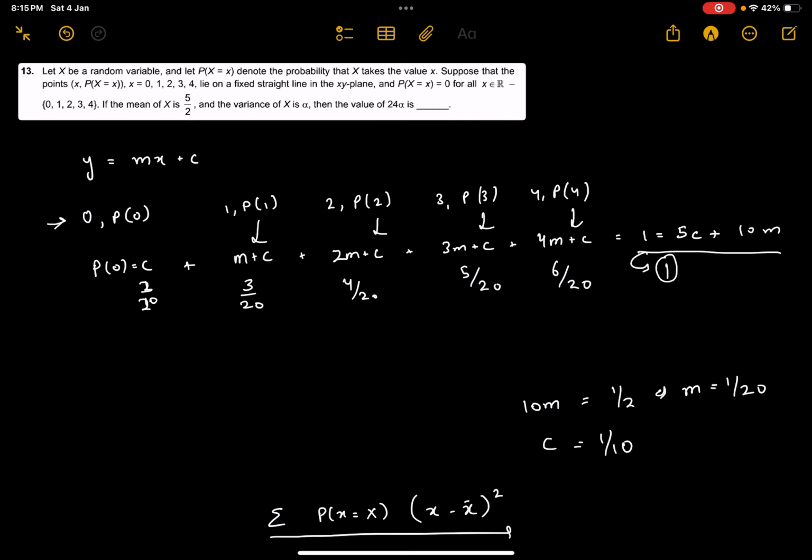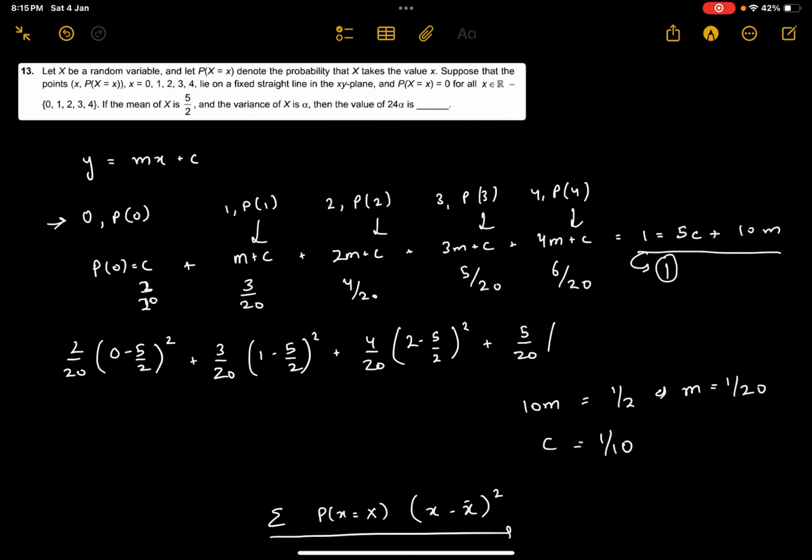So this becomes 2 by 20 into (0 minus 5 by 2) squared, plus 3 by 20 into (1 minus 5 by 2) squared, plus 4 by 20 into (2 minus 5 by 2) squared, plus 5 by 20 into (3 minus 5 by 2) squared, plus 6 by 20 into (4 minus 5 by 2) squared.